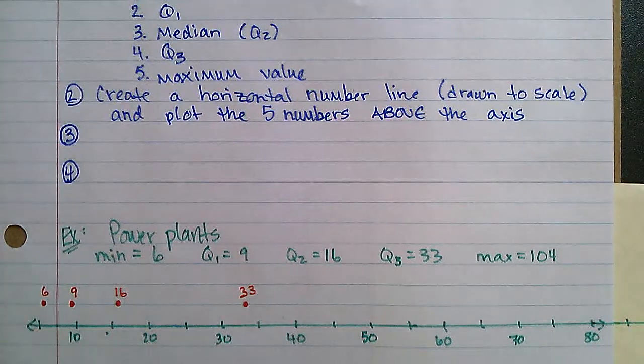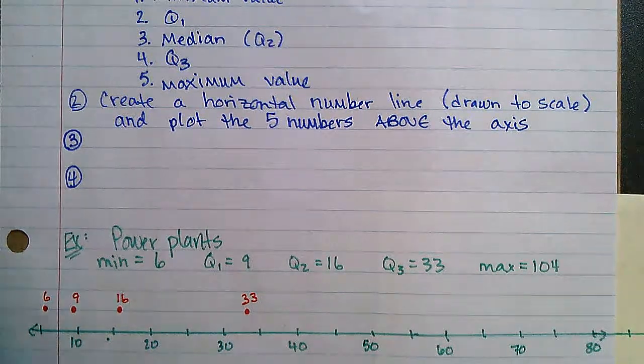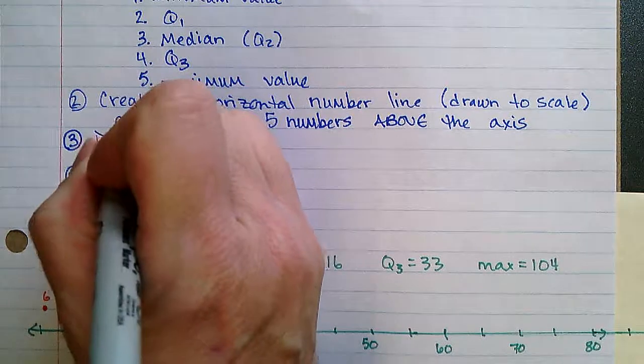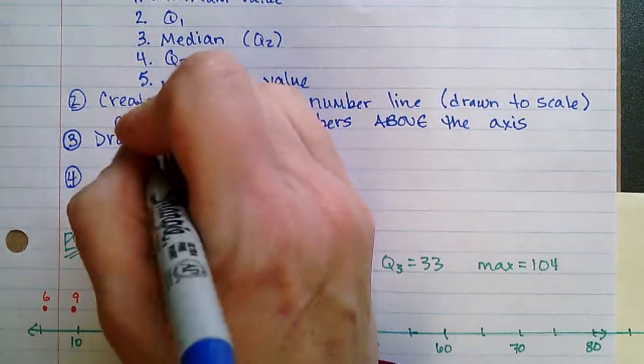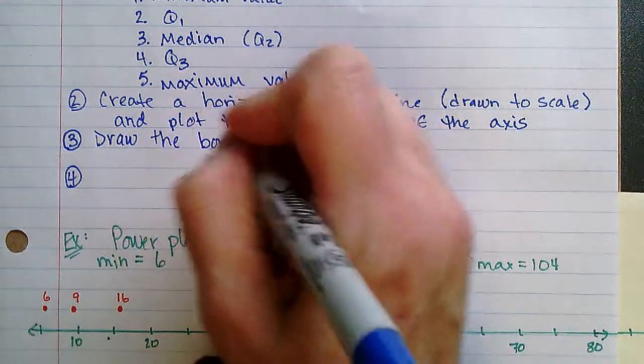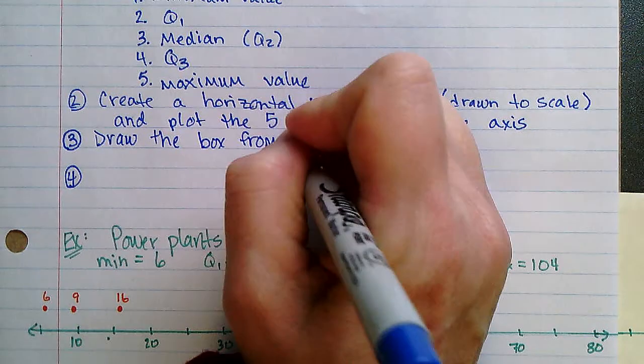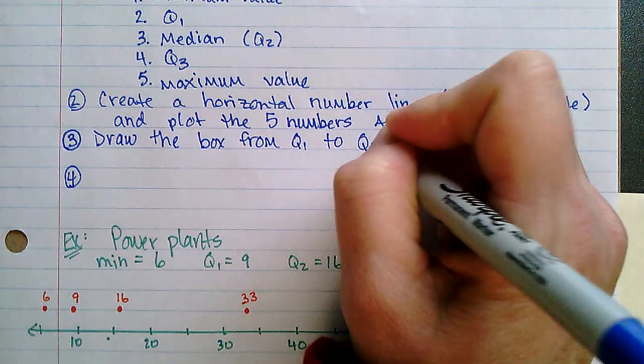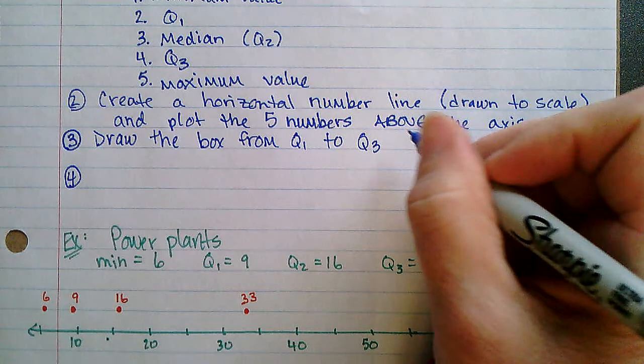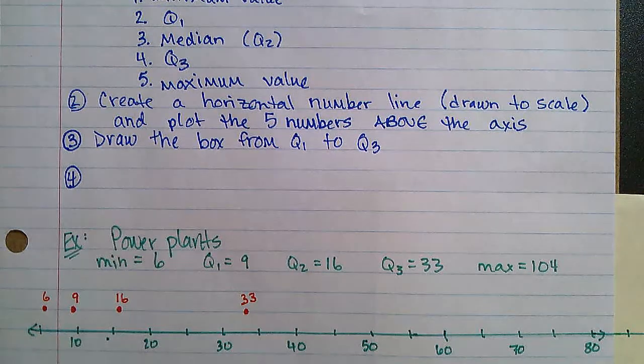Okay, after I have those numbers plotted above my axis, I am going to draw the box part of the box and whiskers from Q1 to Q3. And then inside the box, I'm going to draw a vertical line.